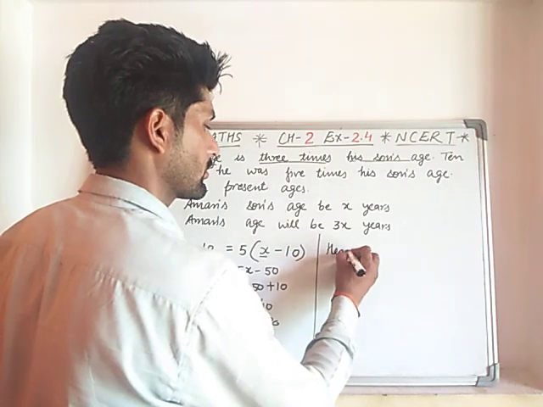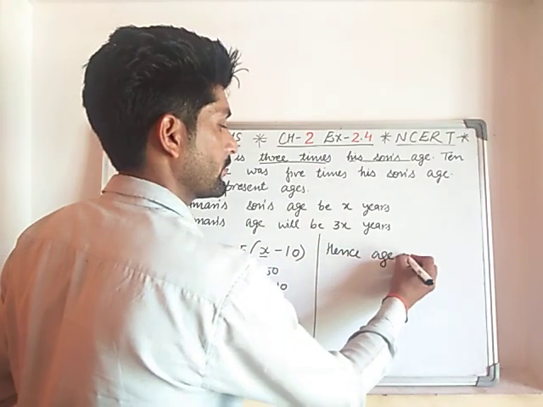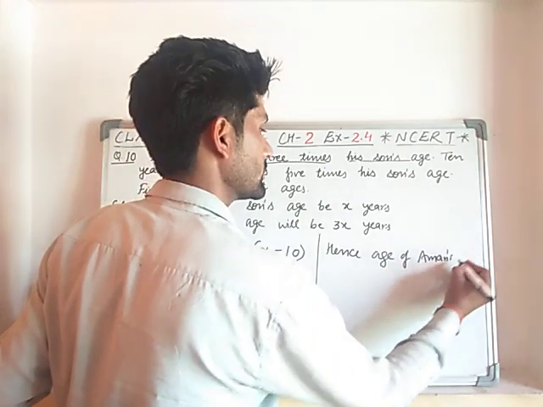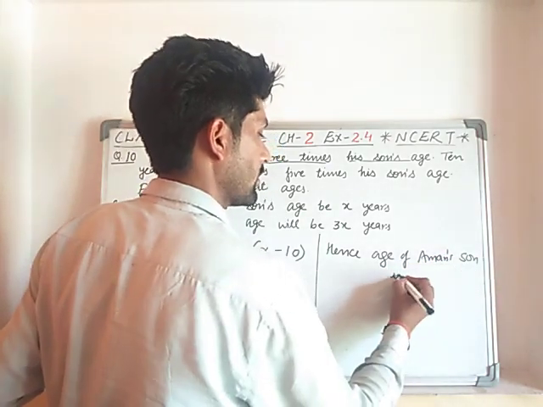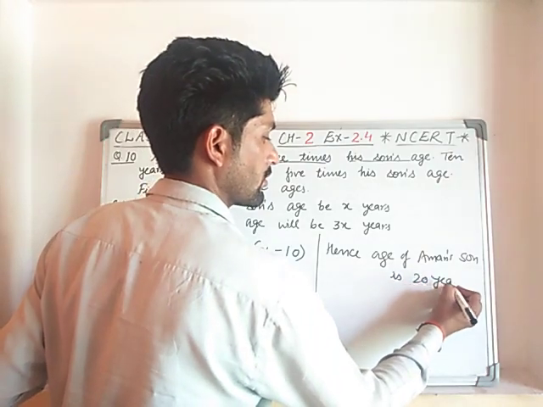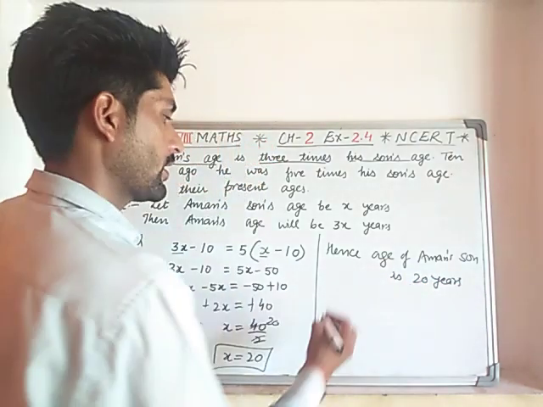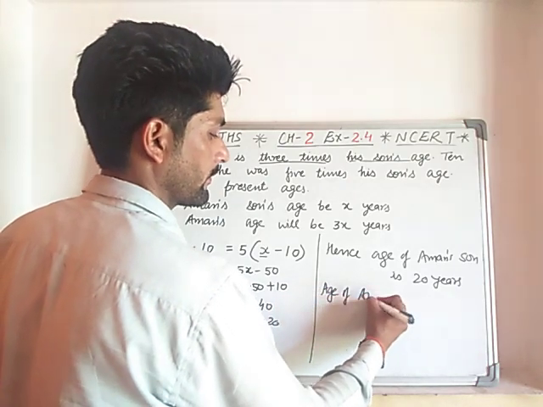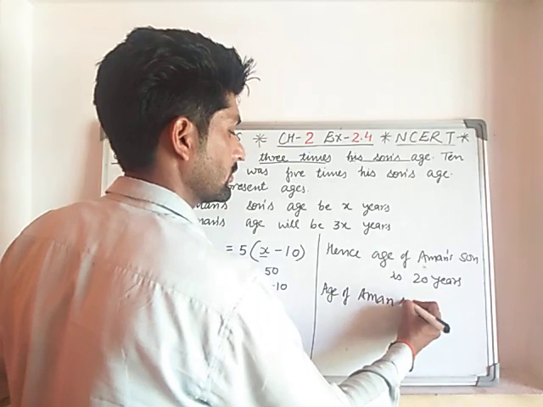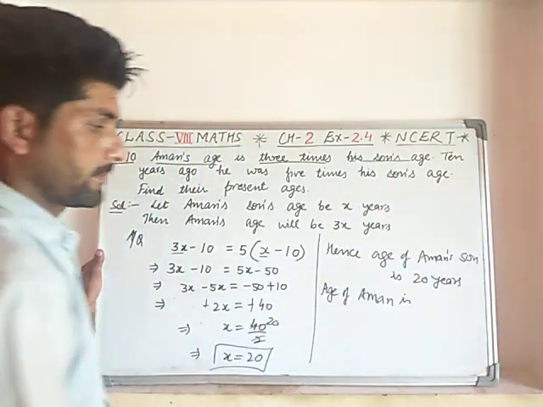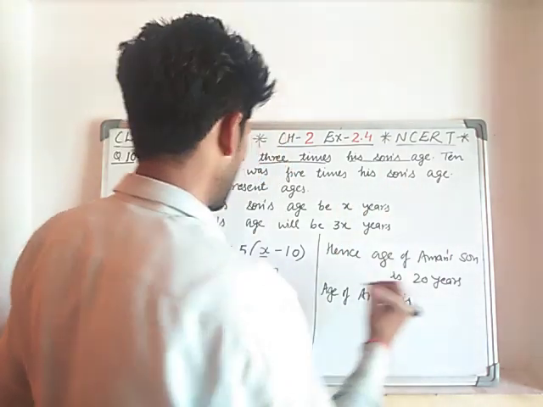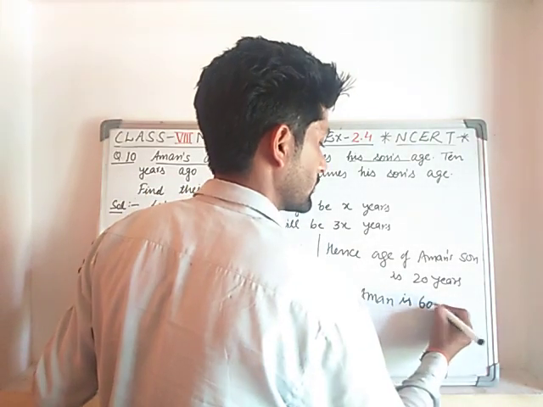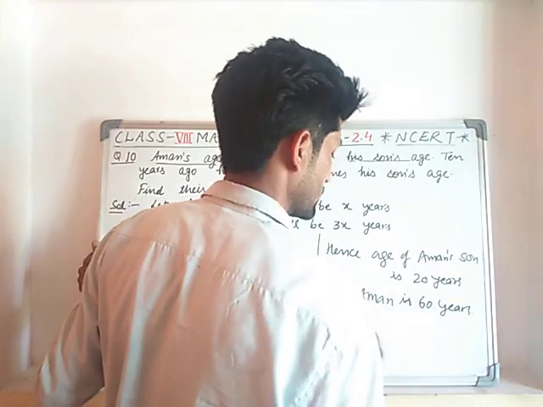Hence the age of Aman's son is 20 years, and the age of Aman is 3x, 3 into 20, which means 60 years.